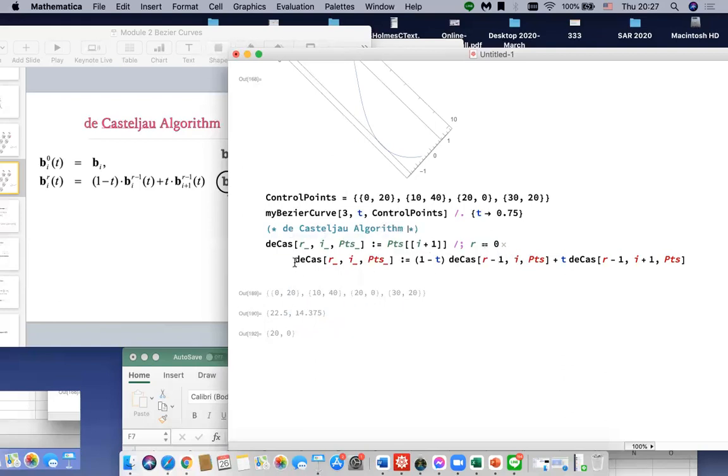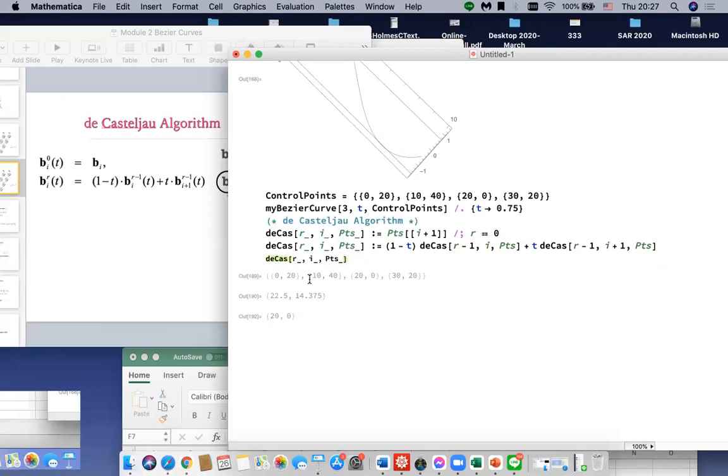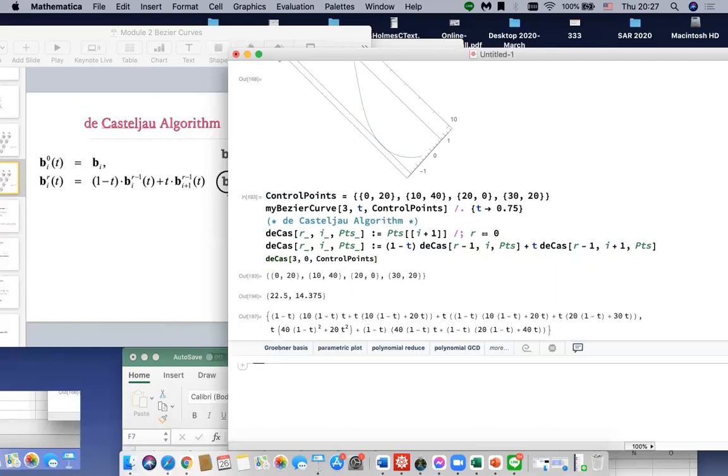What happened here? Okay, then I want to find the function, degree 3. i is 0, and then points will be changed to control points here. Okay, here we are.